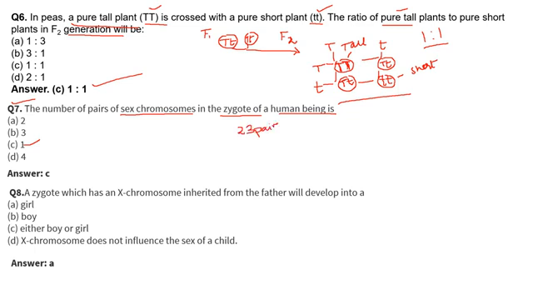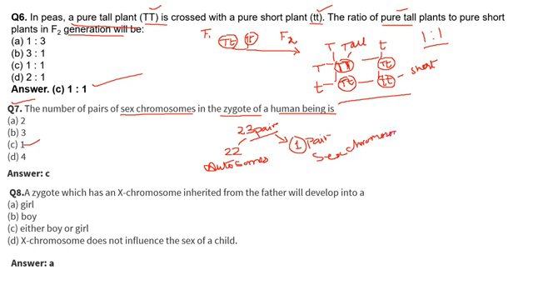Out of 23, 22 pairs of chromosomes are autosomes, and the last pair is known as the sex chromosome, right? Or you can say reproductive chromosome. So this is the sex chromosome.